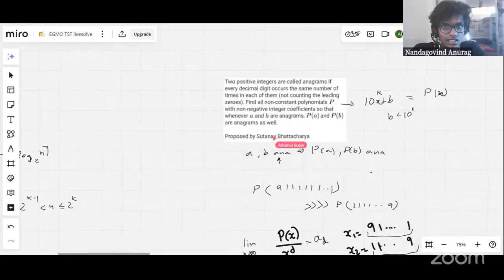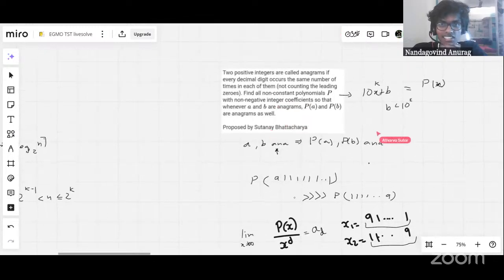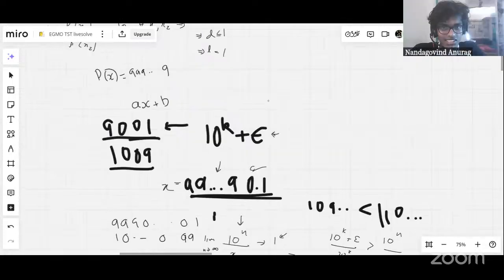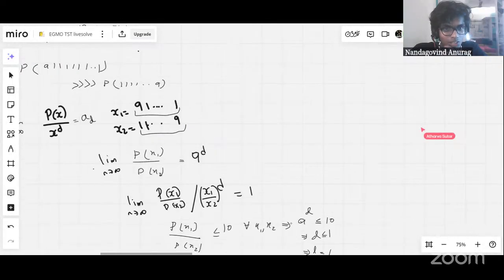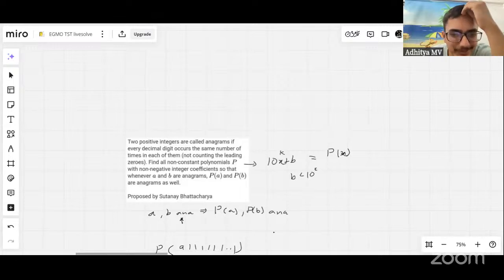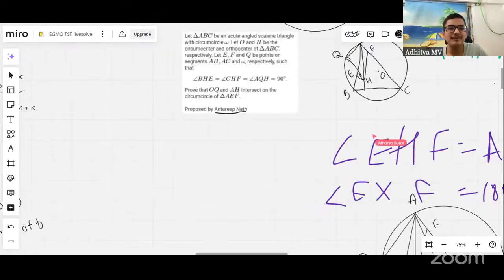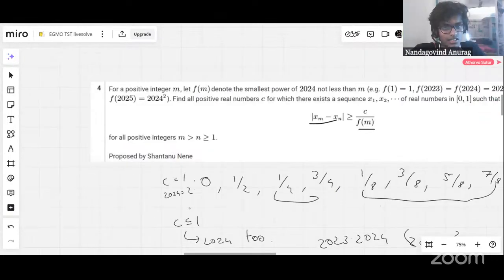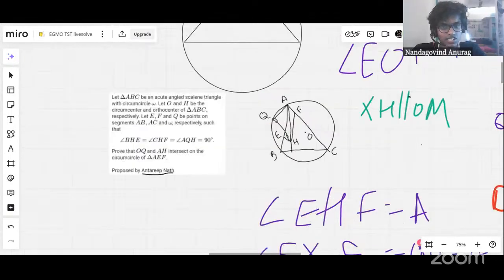P2 is NT, and P4 is algebra. P3 should have been geo, or combi.